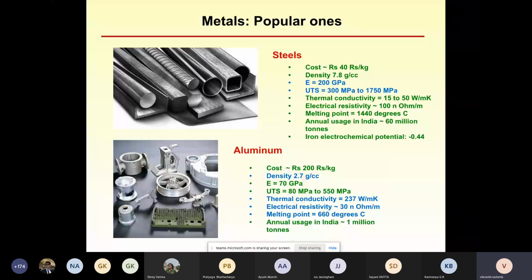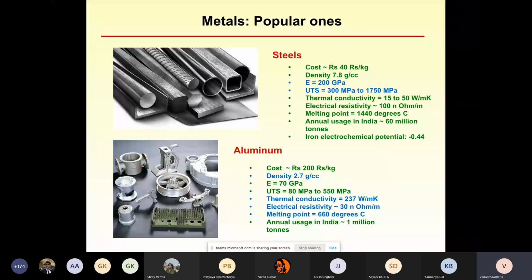For small strains, it gives you the ratio of applied stress divided by the strain that the material undergoes. If this elastic modulus is very high, what does it mean? For an applied stress, the strain is very low. So whenever you want to analyze the stiffness of a material, you should be looking at the elastic modulus of the material.